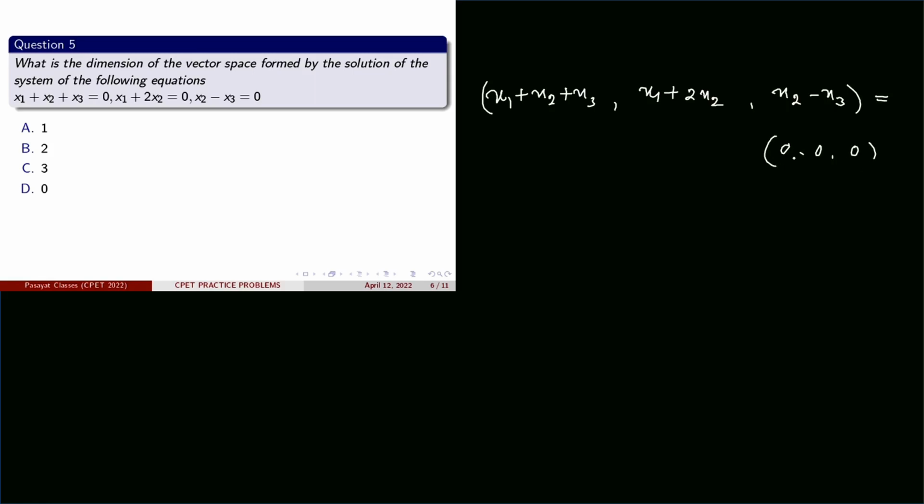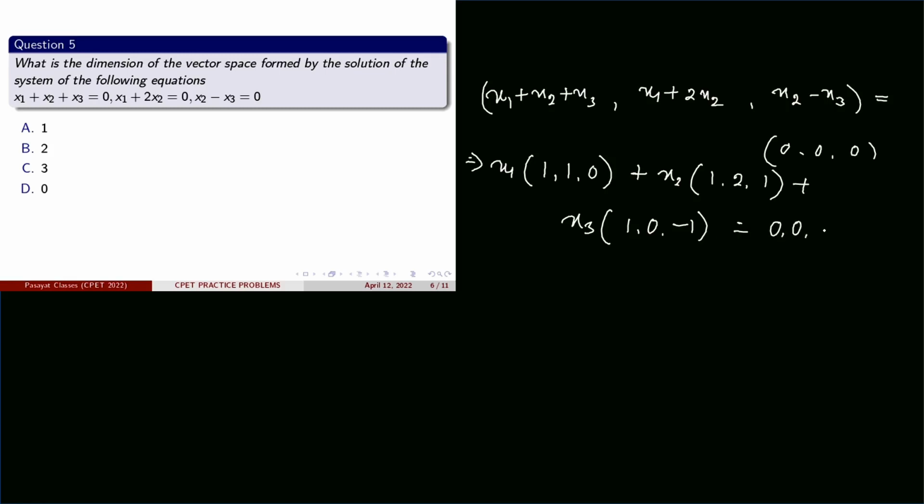From this we can also rewrite this in the form x1 into (1, 1, 0) plus x2 into (1, 2, 1) plus x3 into (1, 0, minus 1), equal to (0, 0, 0).